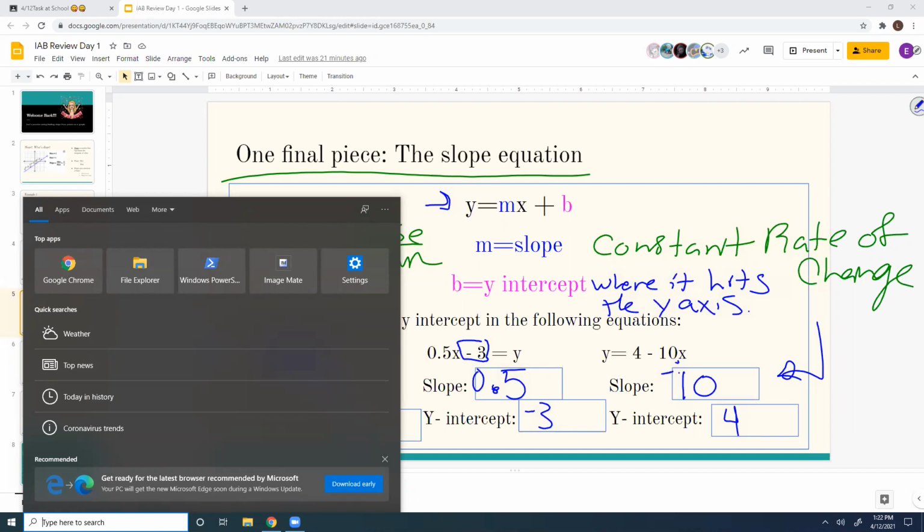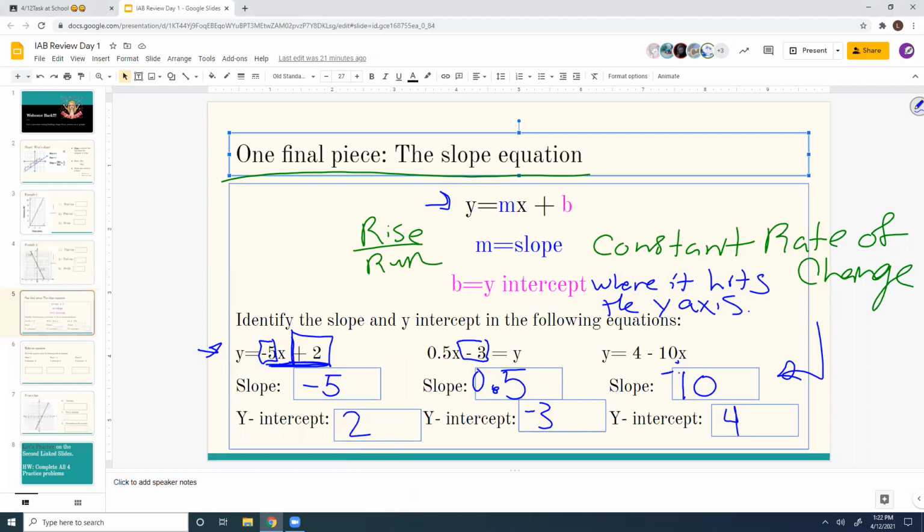Does anyone have questions about this one? I think it was pretty tricky. Some of these are in different orders, like we have the slope in a different spot.